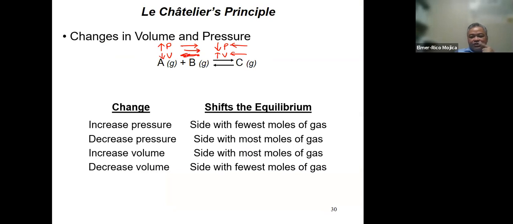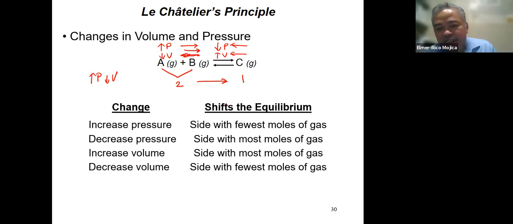In that case, the one that is favored is the side with fewer moles. Between the example that we have here, 2 compared to 1. If you increase the pressure, which also decreases the volume, it will favor the formation of the product, because the product has fewer moles compared to the reactant.